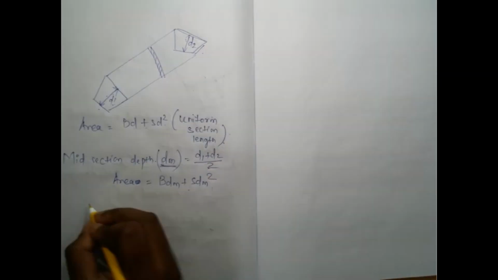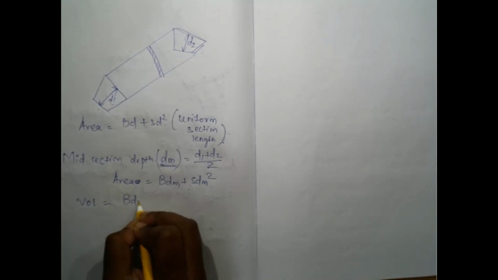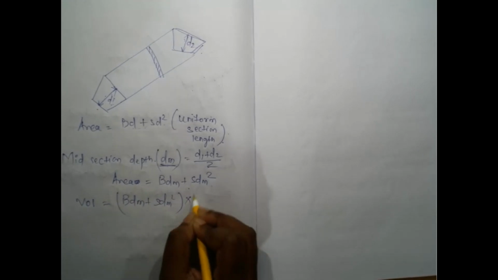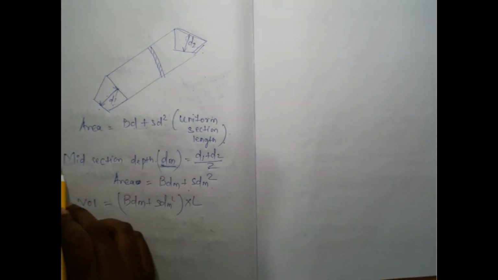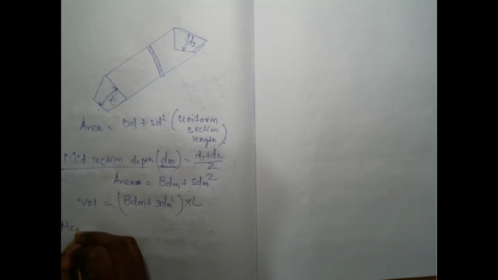So now the volume will become BDM plus SDM square into length. So it can be done either in this way, and it also can be done in another way.